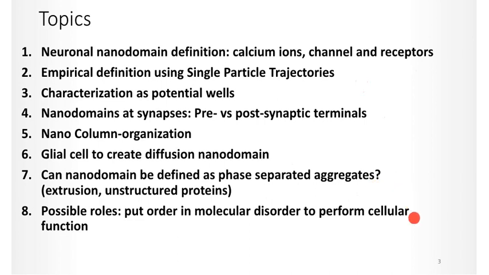And finally, we'll discuss what the role of these nanodomains is between the molecular and the subcellular scale. The idea is that their role is to put order into molecular disorder in order to perform cellular function.